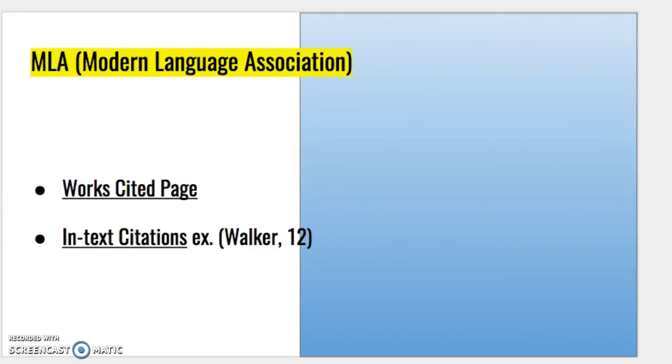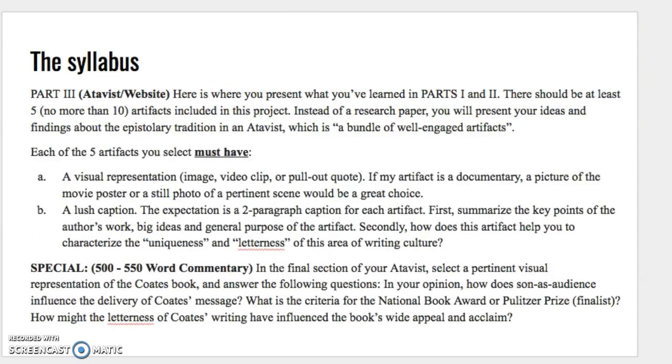There needs to be a works cited page, because obviously you're identifying artifacts. I'm not sure which ones you're going to choose, so we need to be able to know which sources you've selected. And your in-text citations under the artifacts are important, because again, we need to be able to connect to your sources.